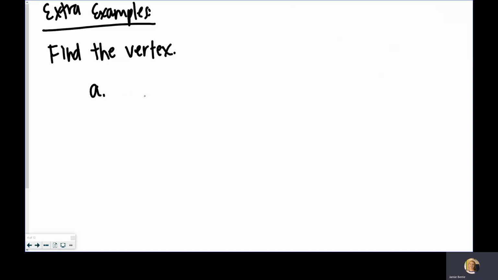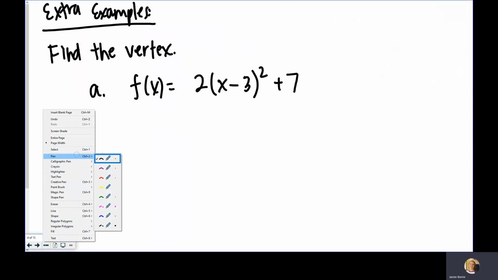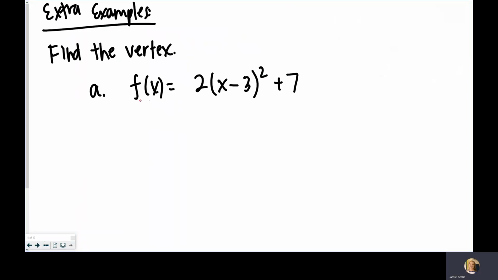All right, we'll do part A. f of x equals 2 times x minus 3 squared plus 7. We can easily identify that this is in vertex form. Vertex form looks very different from standard form. So it's easy for me to see just by looking at this that it's in vertex form.